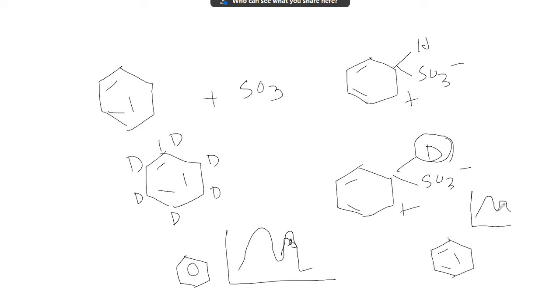The energy will be a bit more, as the removal of deuterium is less likely compared to loss of hydrogen. As a result, replacement of H by the SO3 group takes place more readily than replacement of D by the SO3 group. Hence, deuterium shows a primary kinetic isotope effect.